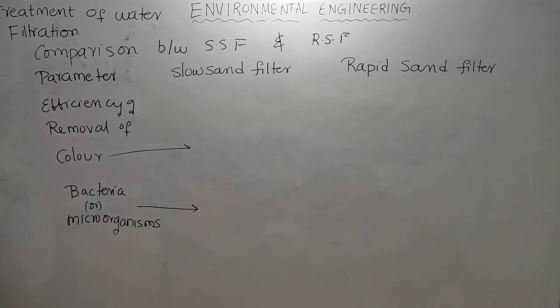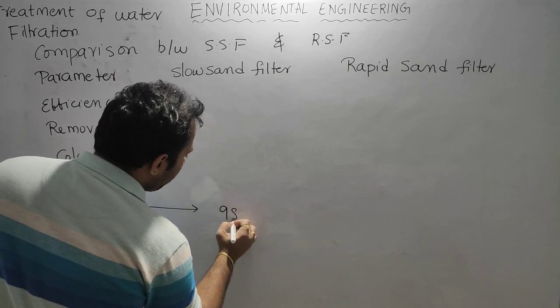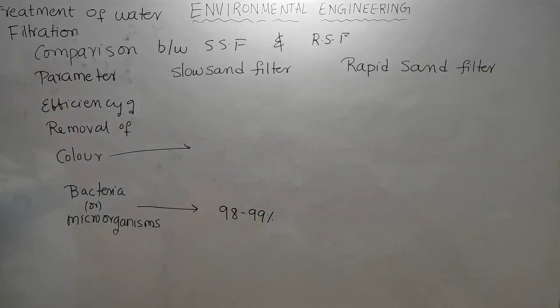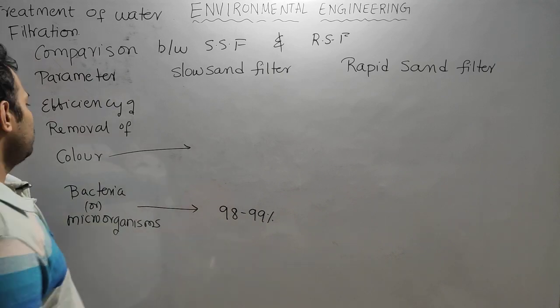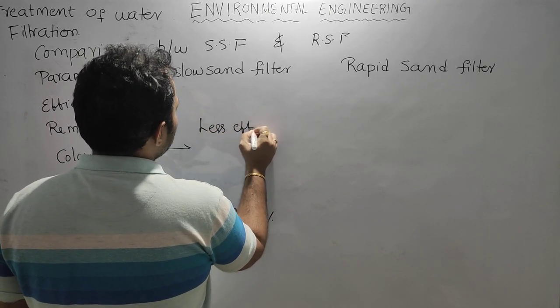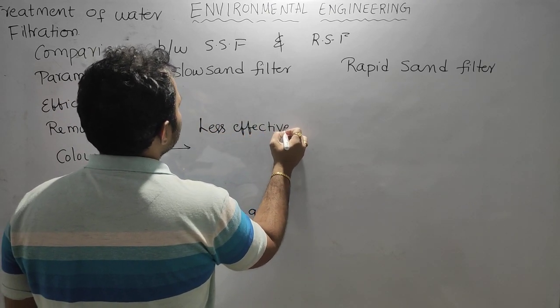The slow sand filter is effective in bacterial removal, up to 98 to 99%, even 99.99%, whereas it is less effective in color removal.